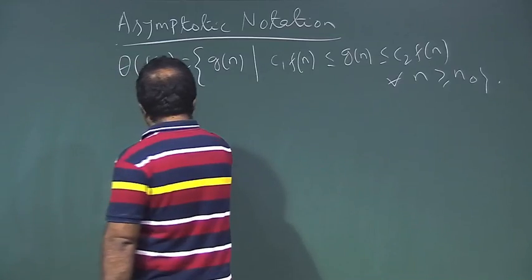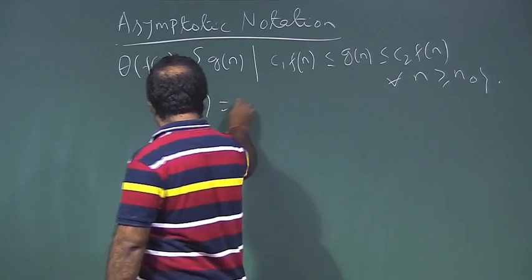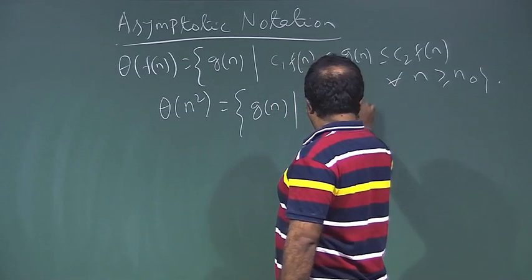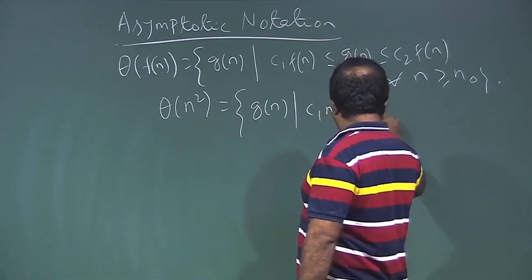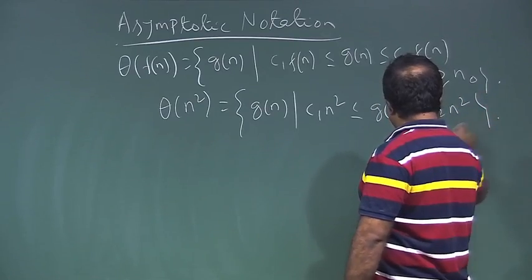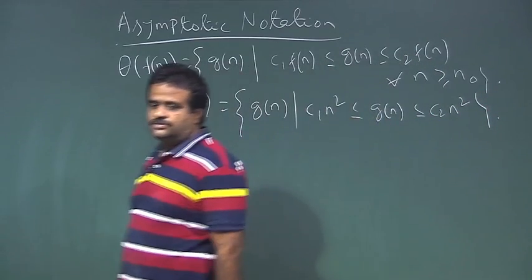So for example, if we take the big theta of n square, this is basically the set of all functions which should be bounded by n square on both sides. So this is C1 n square to C2 n square for all n greater than n0, where C1 and C2 are two constants.